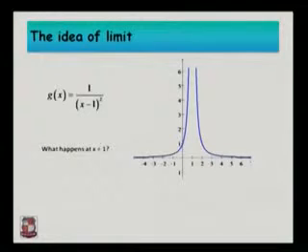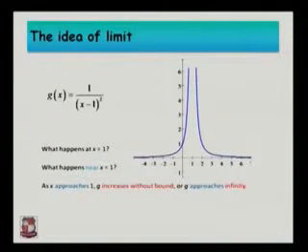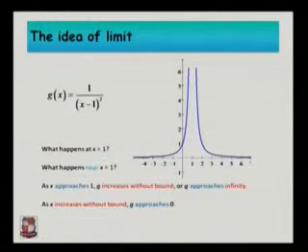At x equal to 1 the function is not defined, but what happens near x equal to 1? We can say that as x approaches 1, g increases without bound. That means g approaches infinity. As x increases without bound, g approaches 0 in the inverse way.